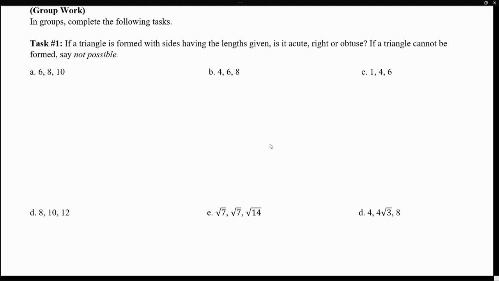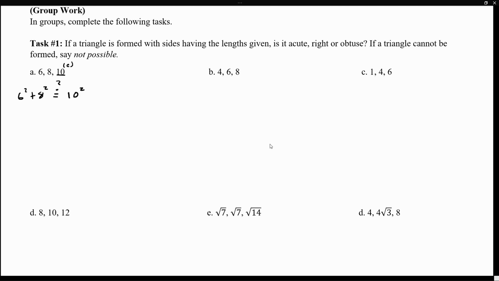But now the question is, what kind of a triangle do we have? Well, we can use the Pythagorean theorem. I can see that 10 is the largest, so I can make this my c. Let's see what kind of scenario we have here. Is a squared plus b squared equal to c squared?